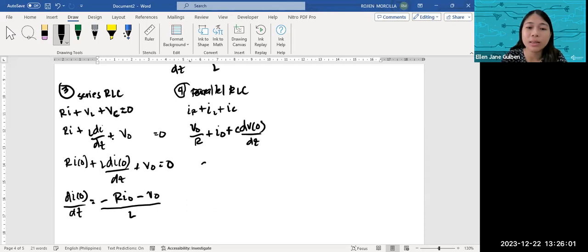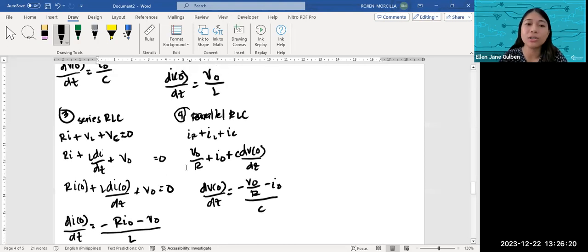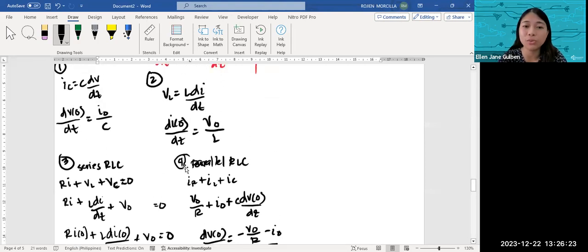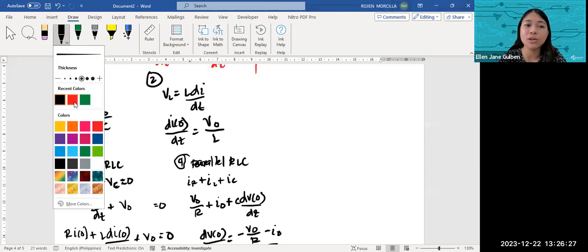So we will get dVO dt is equal to negative VO over R minus IO divided by C. Okay, so these are the four initial conditions that we are able to use for the differential equation of the derivative value.